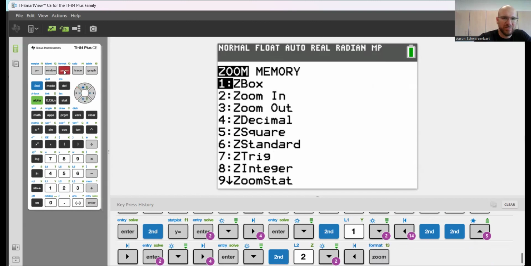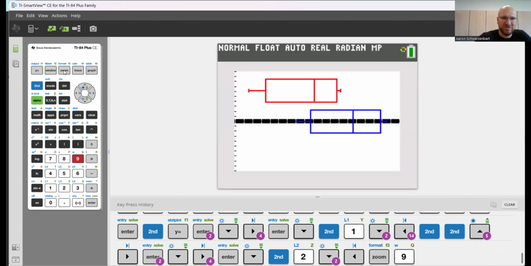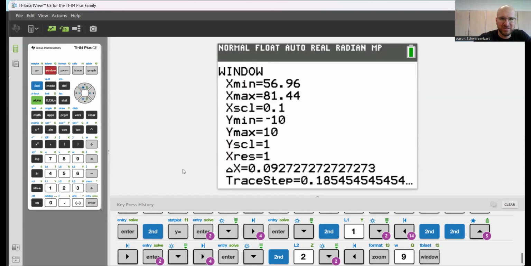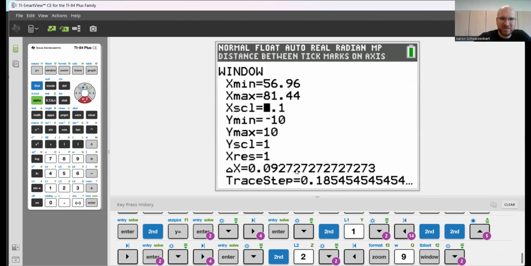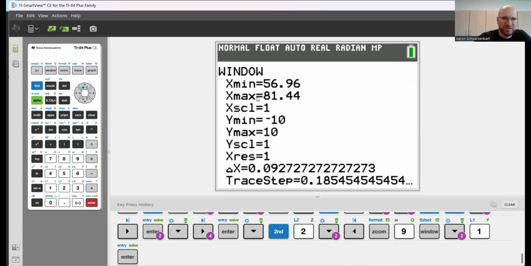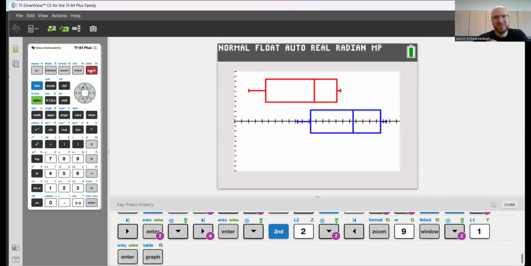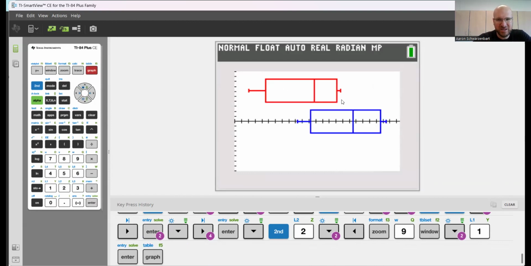Now, pretty much anytime I'm doing this, I do zoom stat to start with. And I get this. Wow, that is X scale. How about 1, not 0.1? I don't know why it made such a small scale. Okay, so we can see the box plots here. Remember, red is males, females are blue.